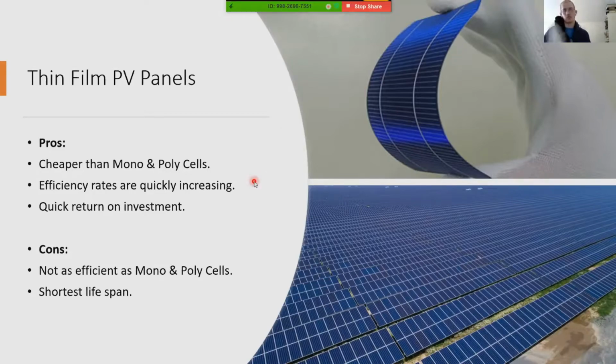These are produced by actually spraying, as opposed to heating up and making semiconductor wafers like the polycrystalline and monocrystalline. These are actually sprayed onto a glass backer.